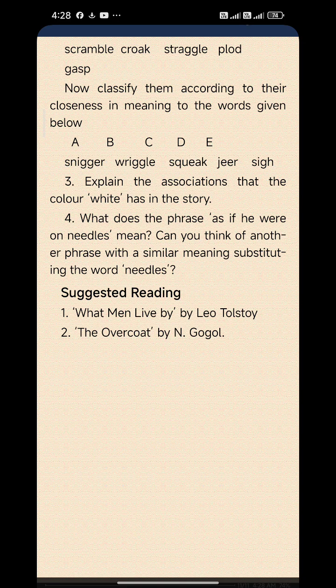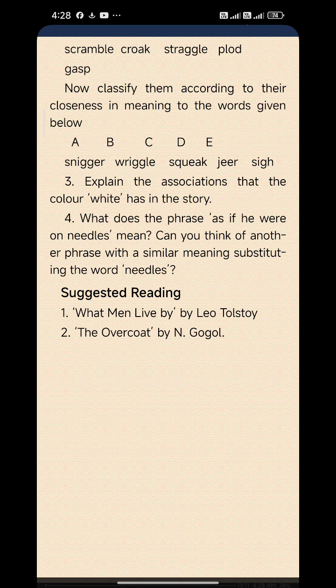Now classify them according to their closeness in meaning to the words given below: A, B, C, D, E: snigger, wriggle, squeak, sneer, sigh.